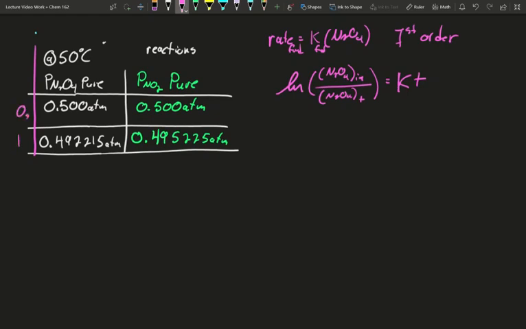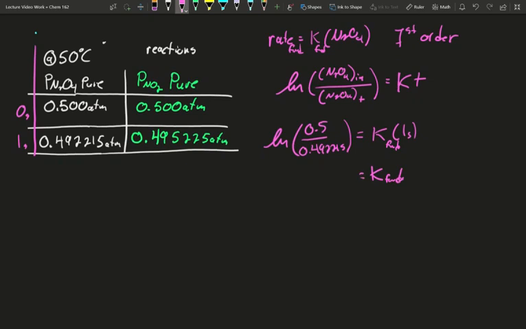We had 0 seconds and we had 1 second. For a single second passing, we know the changes in the pressures. We can solve K. The natural log of 0.5 for the initial pressure divided by 0.492215, all that has to equal K times the 1 second time. This allows us to solve K forward.